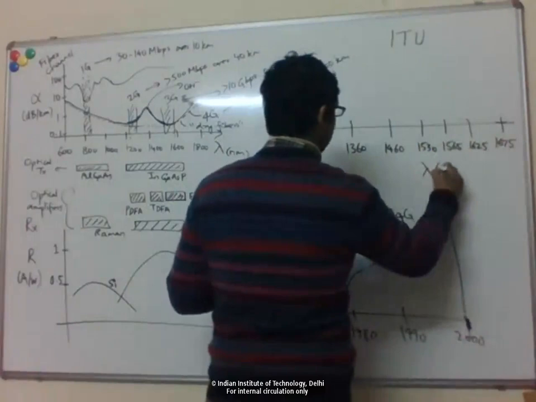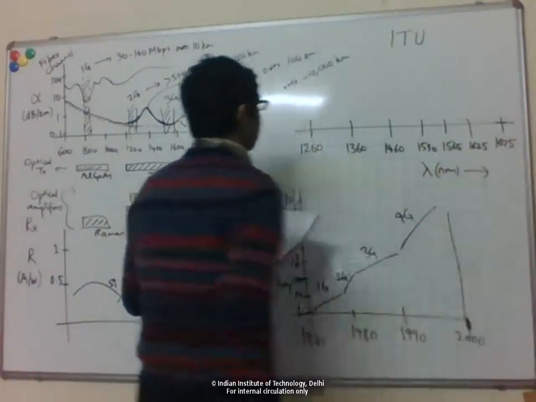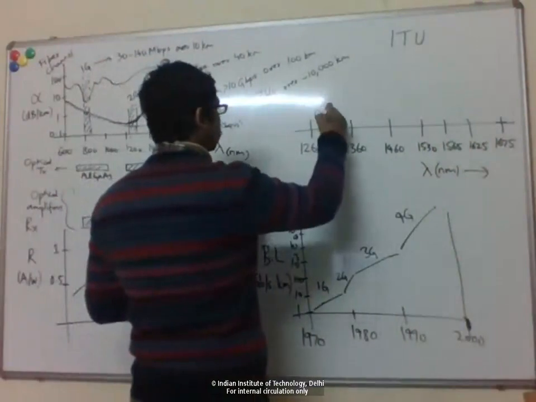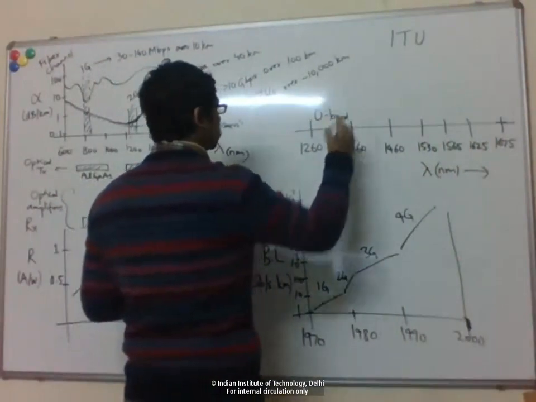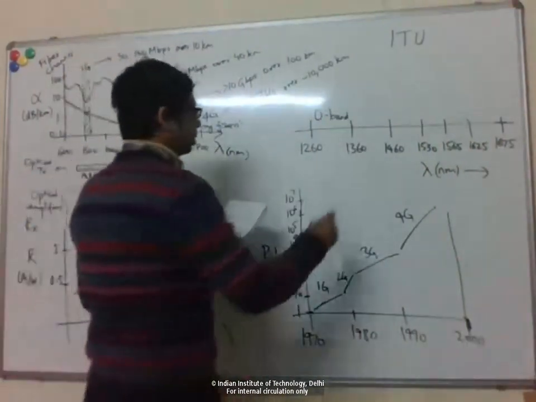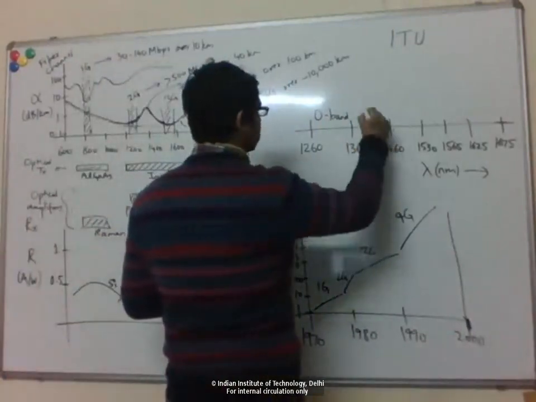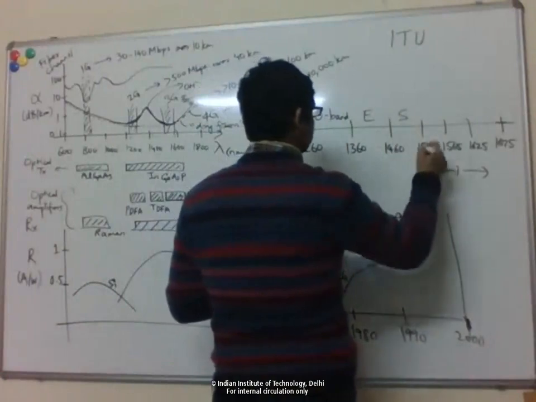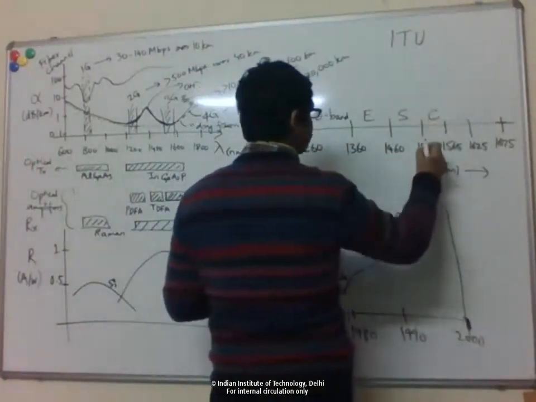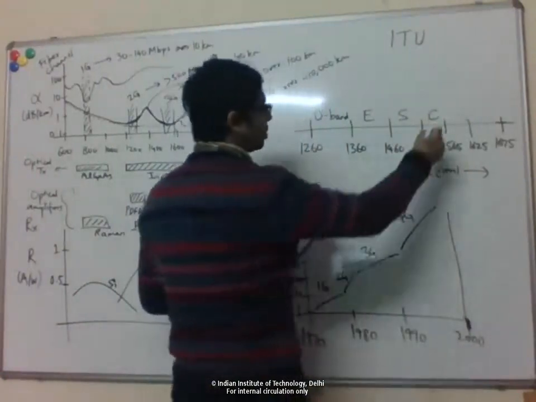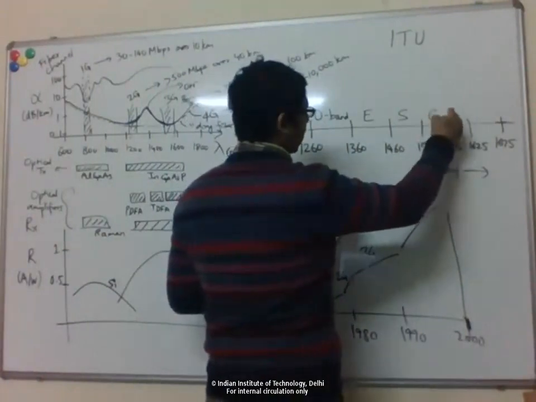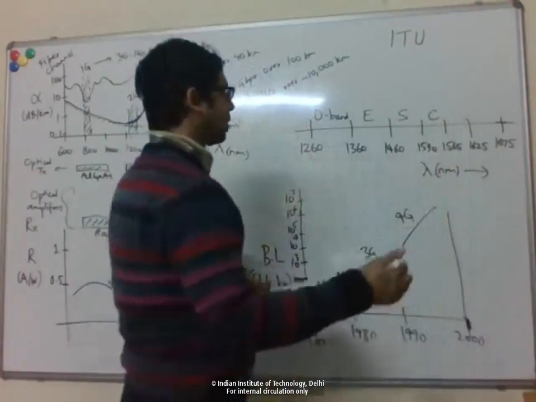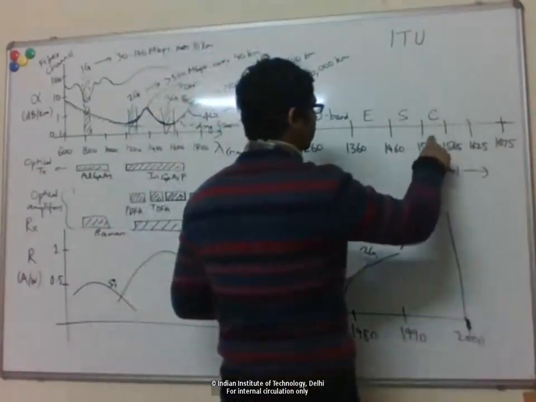Okay, so this is wavelength in nanometer. So 1260 to 1360, this is known as the O band. Okay, the next 1360 to 1460 is E band, then S, then C band 1530 to 1565. This is the most widely used range, C band. C stands for, I guess, communication band. So 1530 to 1565, right?